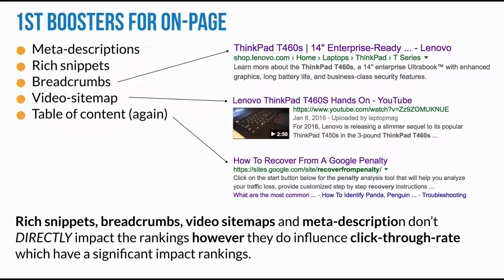So that also increases click-through rate, because instead of just having a normal listing, now you have the pieces of that table of content. So you have like what are the most common, how to identify panda and penguin, troubleshooting, and so forth. So all these things impact your rankings, and these are easy on-page things you can change. However, if you change it and then you monitor the results for a little while, they're not going to change it directly. They're only going to change it because it impacts the click-through rate.